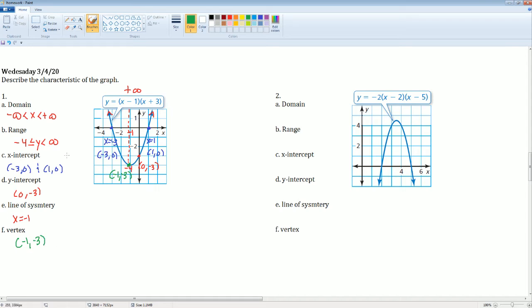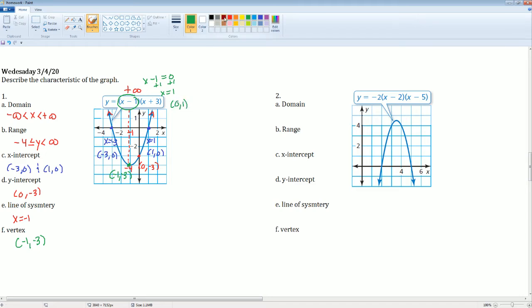This might have been going a little bit faster, but I'm trying to show you how I got it. If you want to see how I did it mathematically: x minus 1 equals 0, and adding 1 to both sides, x equals 1.